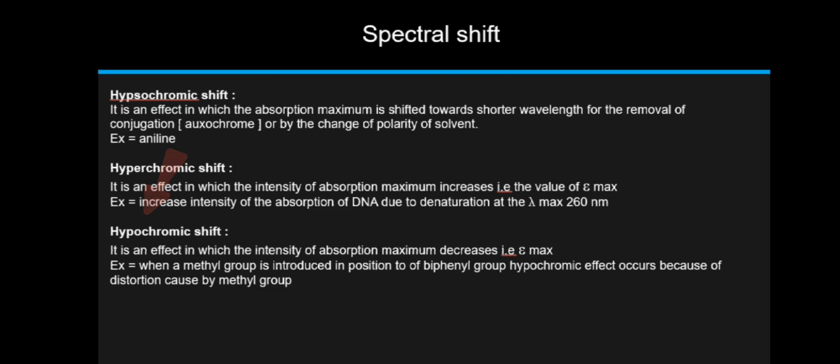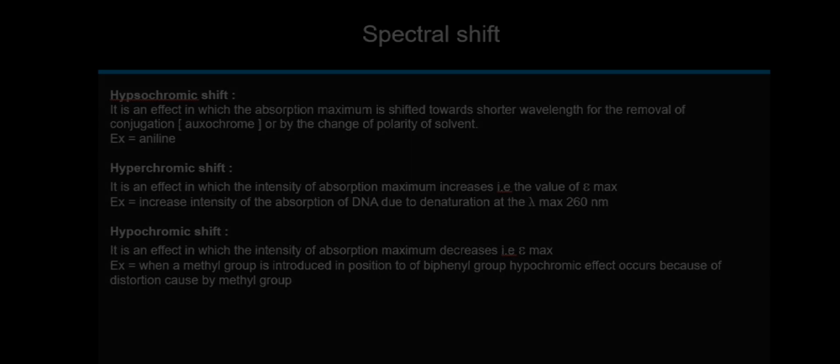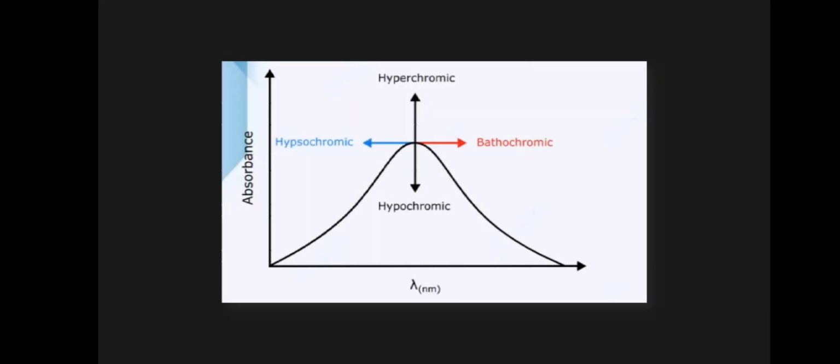It is an effect in which the intensity of absorption maximum decreases, that is Emax decreases. Example: when a methyl group is introduced in the position of a biphenyl group, a hypochromic effect occurs because of distortion caused by the methyl group. Here is a spectral shift graph.